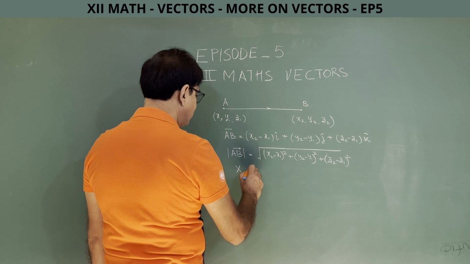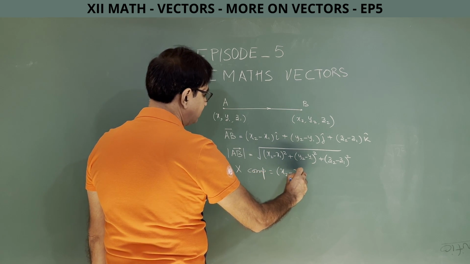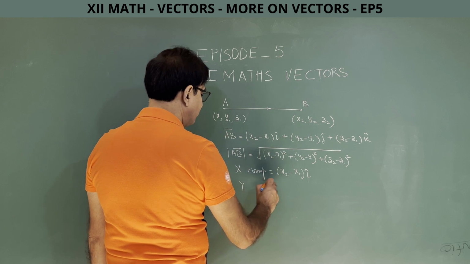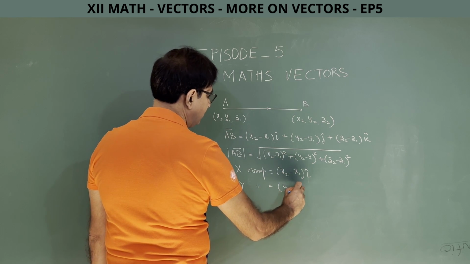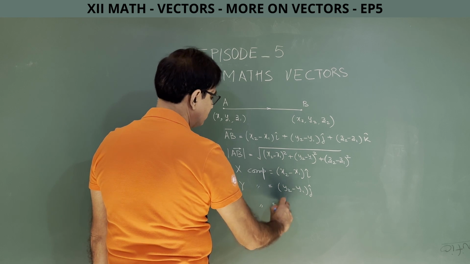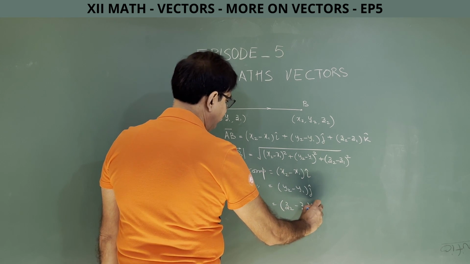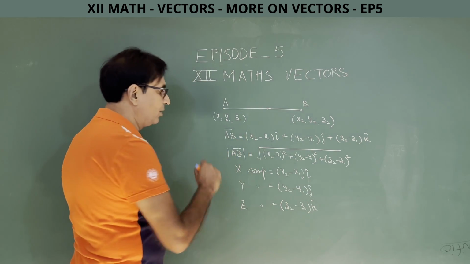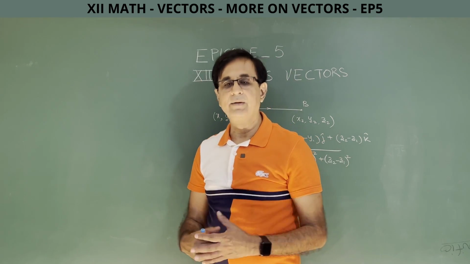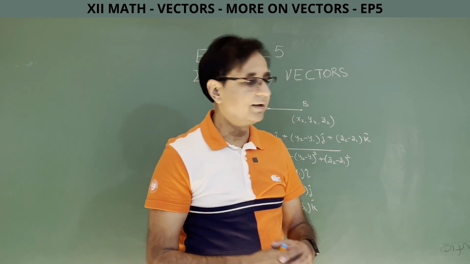And also we did the x component of this vector, x2 minus x1 i cap, the y component was y2 minus y1 j cap, and the z component was z2 minus z1 k cap. All this we did in the previous lecture. And then we also did how to add 2 vectors expressed in terms of i, j, k, which was so quick, how to subtract 2 vectors and how to multiply a vector by a number.